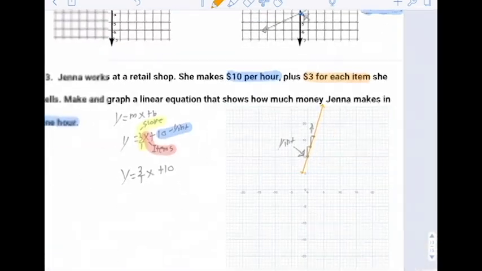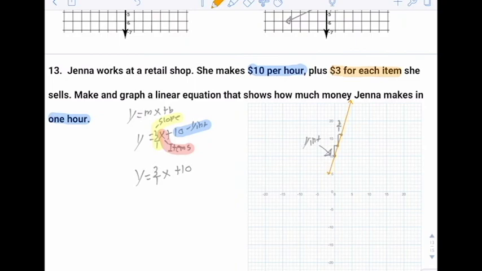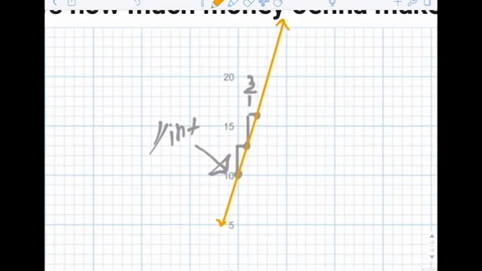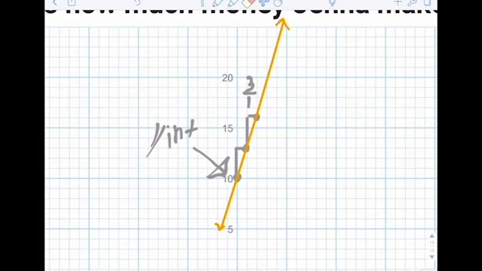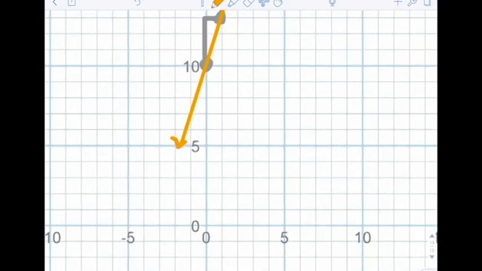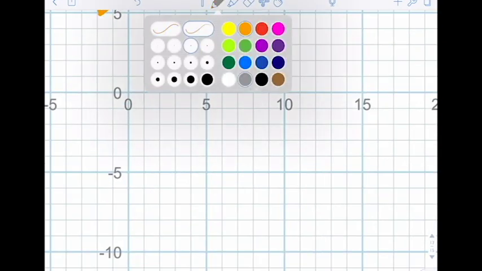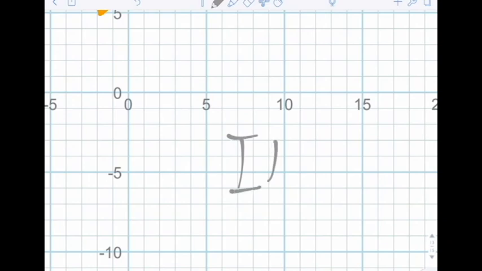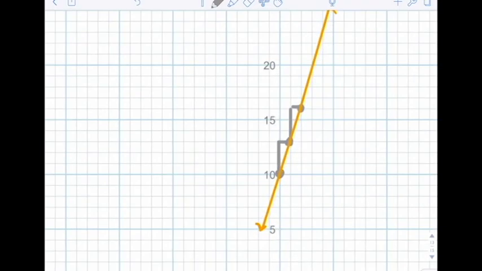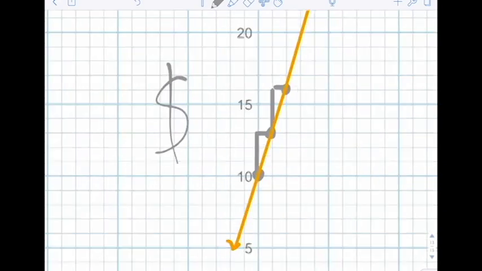So you can see by this graph, it kind of shows how much money Jenna makes in an hour. So let's go ahead and get rid of this. And you can see down here we have the items. And this would be the amount of money she makes, dollars.